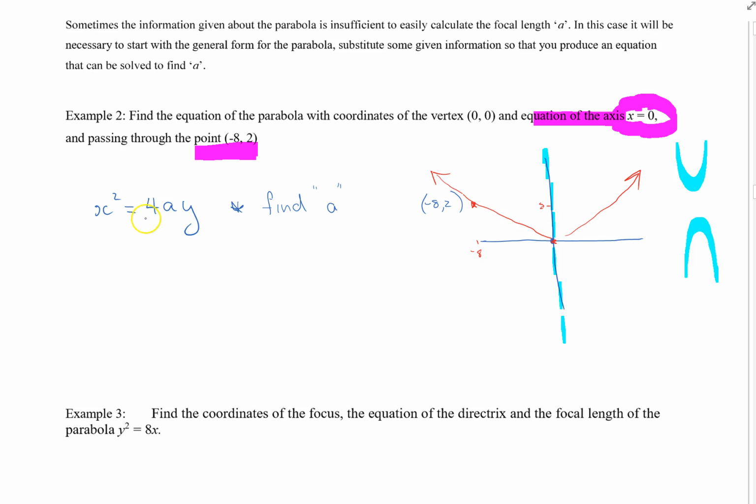But the thing that I do know is that if this parabola passes through this point, then we're back to some really basic understanding. If any function passes through a point, those ordinates in the point satisfy the equation. Now, this is something you've been doing since you first looked at straight lines. So it's a basic understanding of a concept that you've hopefully been aware of for a long time. It's not new.